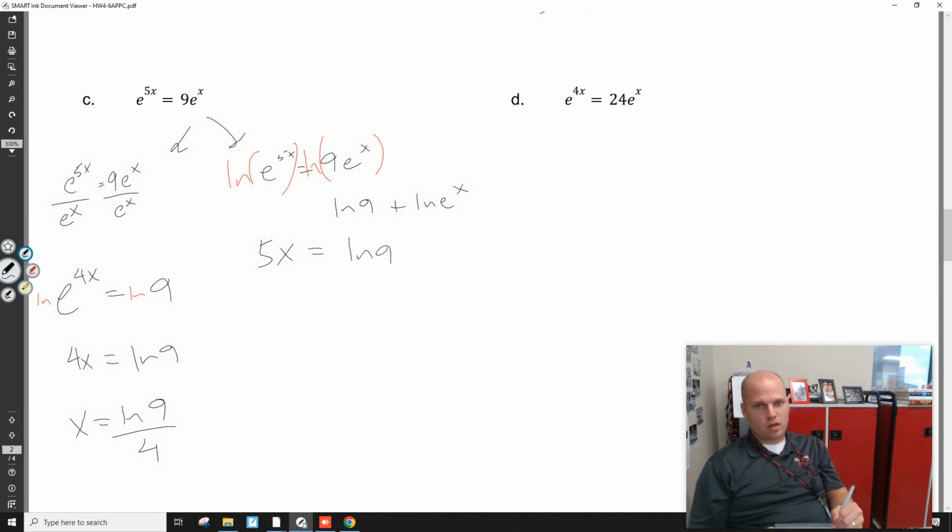So I get natural log 9 plus 1. Now if I divide everything by 5, I get this. And it's like, well, Mr. Messner, these look like two different answers. You would think, but they're the same. I just have to figure out how they're the same.